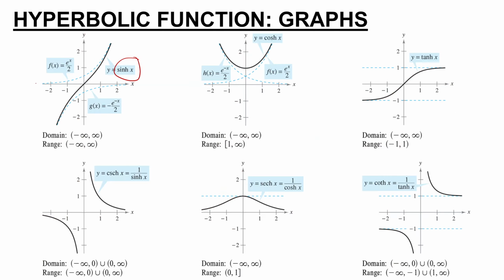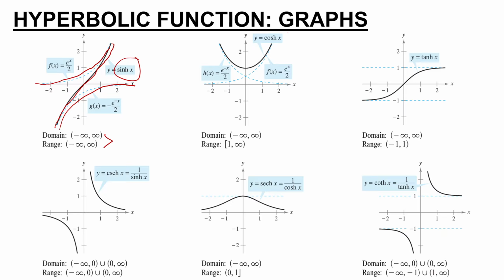So this is the graph of the half of e to the x, and this is the graph of the negative half of e to the negative x. Together, they form this curve, and that is our hyperbolic function. Domain and range are all real numbers.